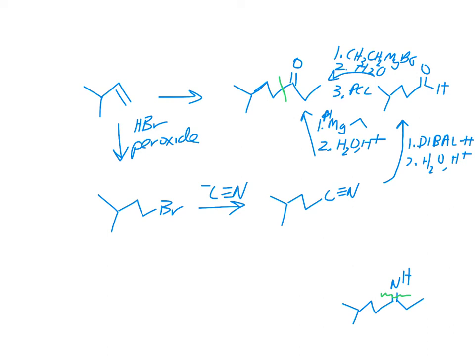Are we out of time? Dang, this is so fun, though. We could go to the carboxylic acid, then to the acid chloride, and then we could use a cuprate to go directly to the ketone. All right? Okay, so what?